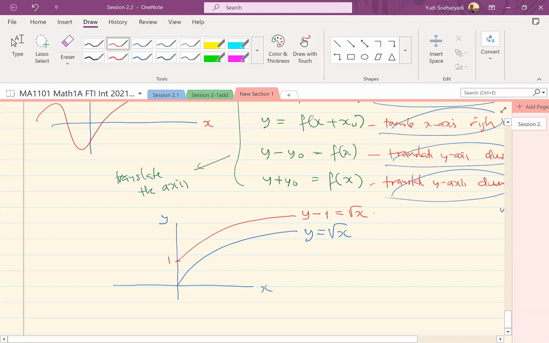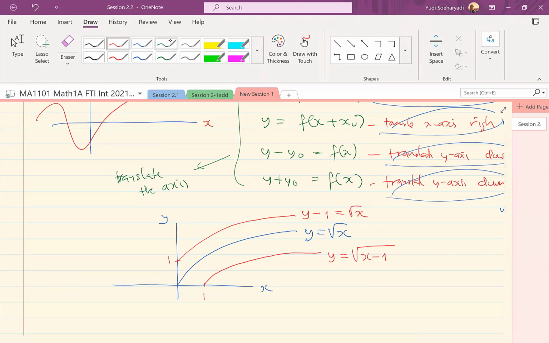Okay, and this one. This is the graph moves to the right, meaning the x-axis moves to the left. Okay. So if we have somewhere that looks like this, let's see, move down. Sorry.